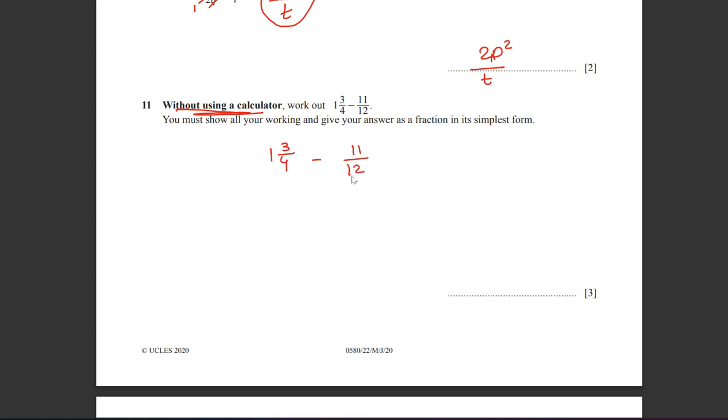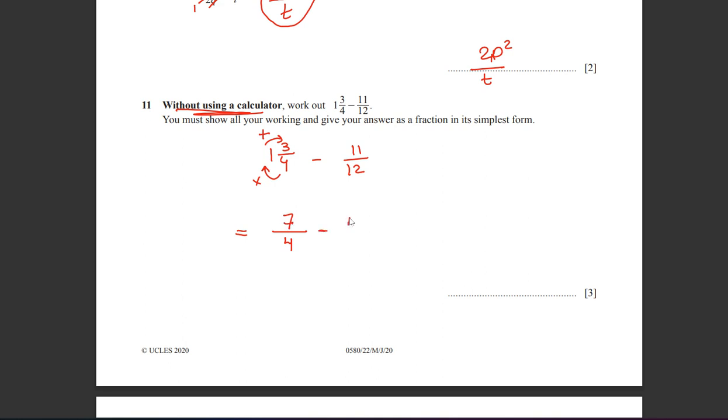How to convert it? First, keep the same denominator 4, then multiply like this, then add like this. So 4 multiplied by 1, 4 plus 3, 7, minus 11 over 12.